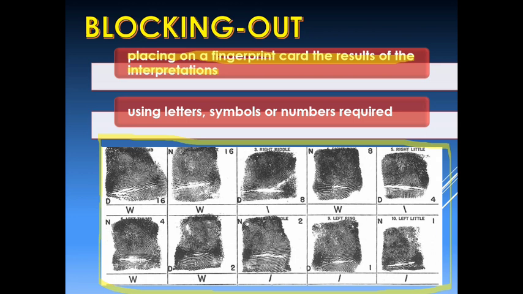We are going to identify what kind of fingerprint patterns are present in the fingerprint card. We are going to use letters, symbols, or numbers. There are required letters, symbols, or numbers which will be placed in each fingerprint block. For example, in this illustration, we can see these letters, these symbols, and numbers.